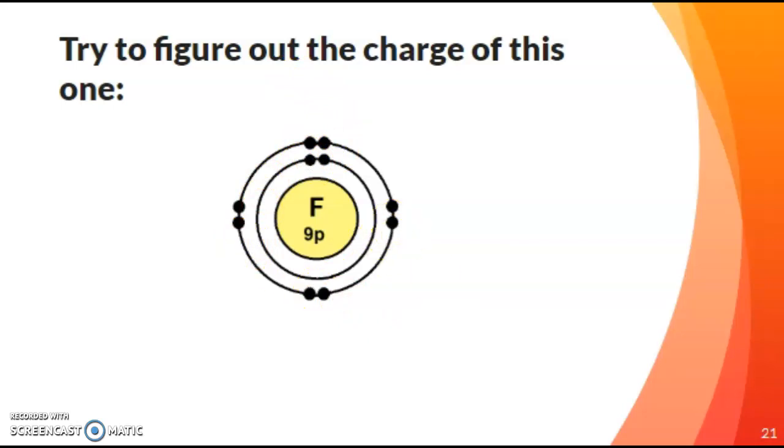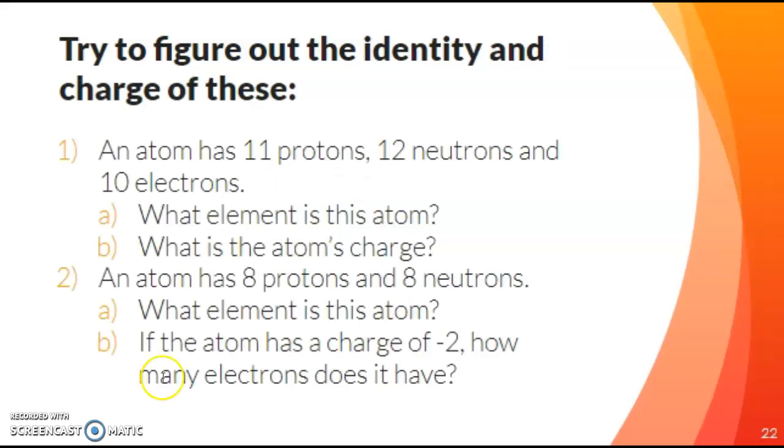So fluorine has 10 electrons and 9 protons. There's 1 more electron, which means there's 1 more negative charge than there are positive charges. That means the charge of this would be -1, because there's 1 more electron, and that electron has a negative charge. Does that make sense? We're going to try a couple more.